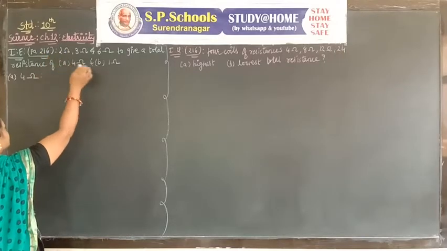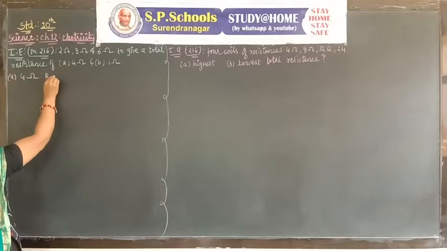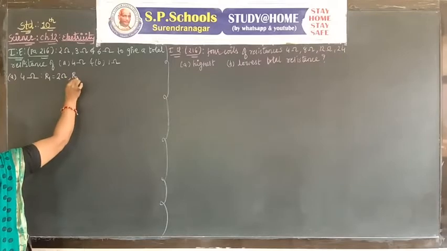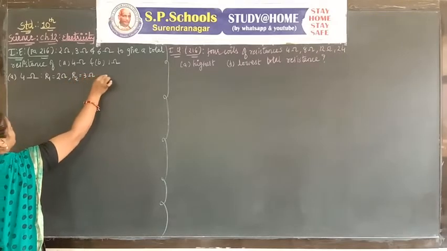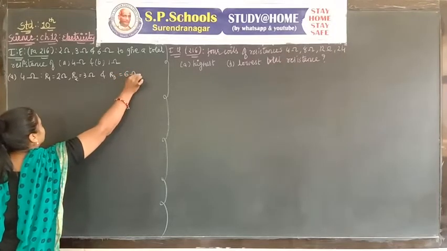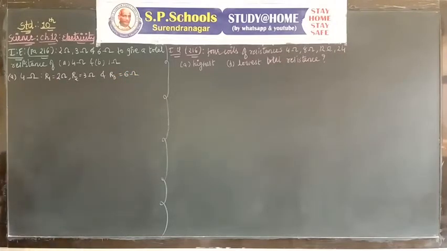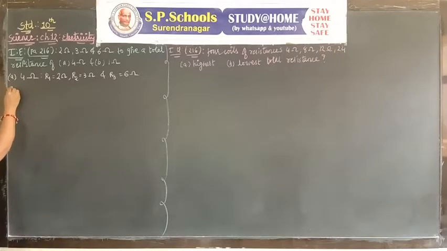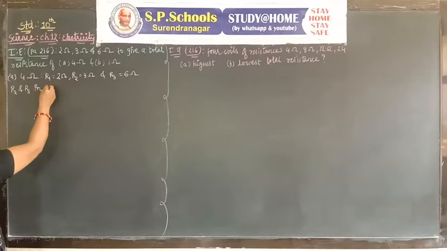We have three resistances. Suppose the first is R1, then R2 and R3. First we arrange R2 and R3 in parallel combination.